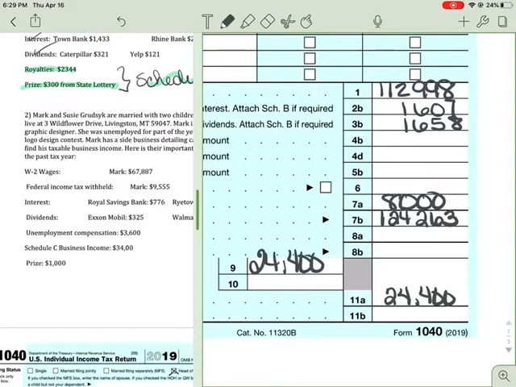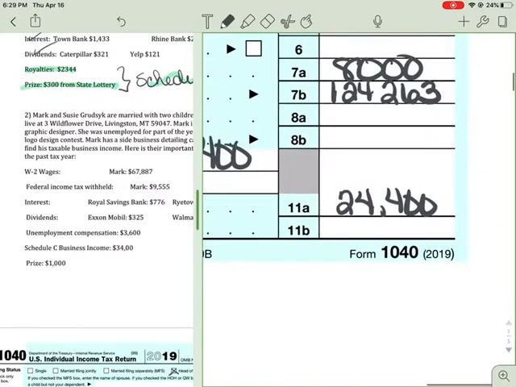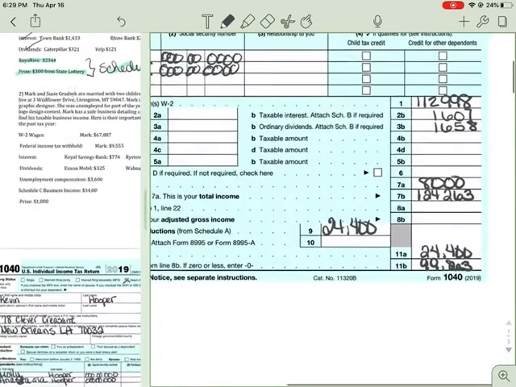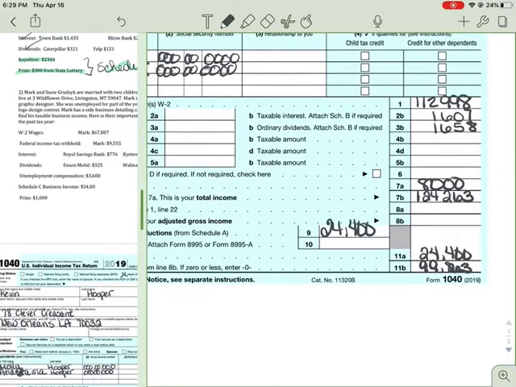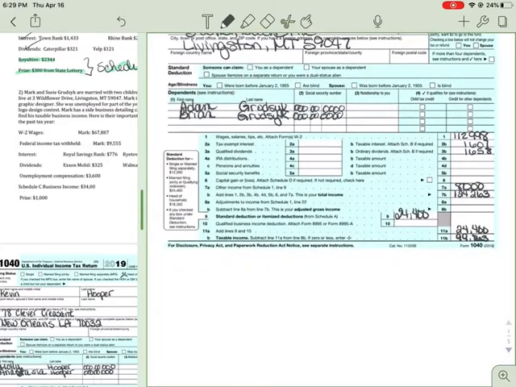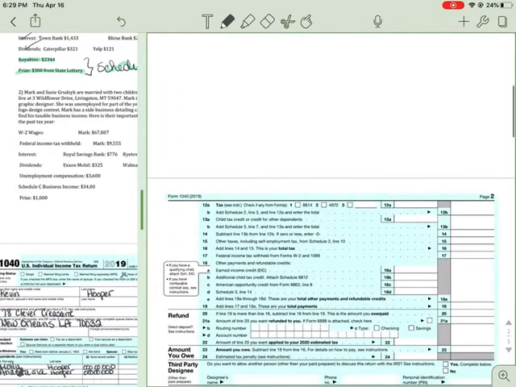Now we're going to take that and subtract the 24,400 so that we can get our taxable income. And that's 99,863. That's their income that we're going to use to determine whether they paid enough tax already through their employers, or if they get a refund because they overpaid. So how are we going to figure that out?